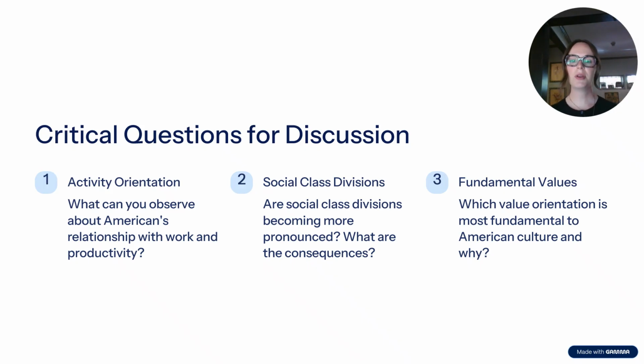And lastly, for fundamental values, which value orientation do you feel like is most fundamental to American culture and why? Of course, all of them are important in their own ways, but the way I like to frame this question is, when you think of America, what value orientation comes to mind and why is that the first one that comes to mind for you?